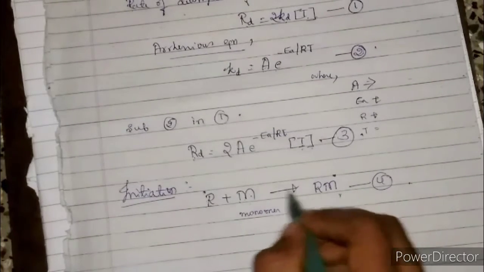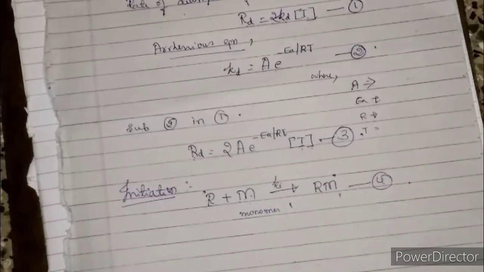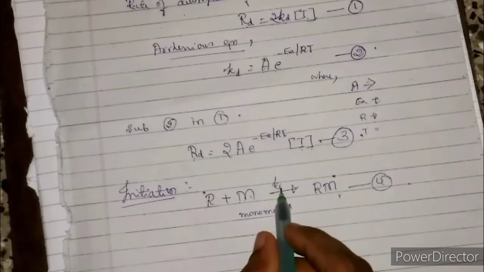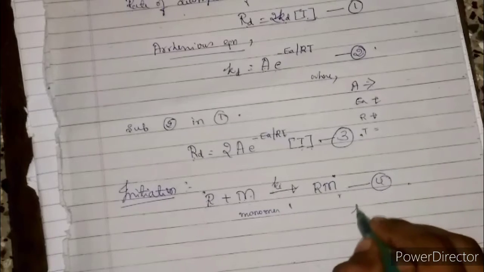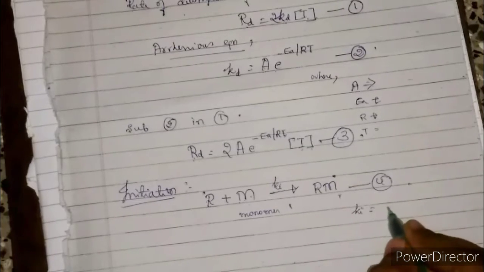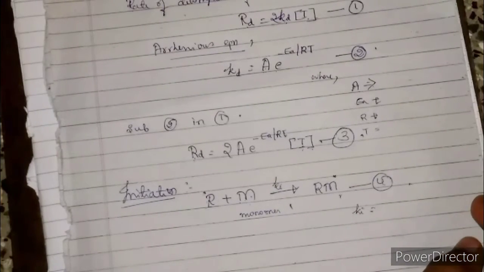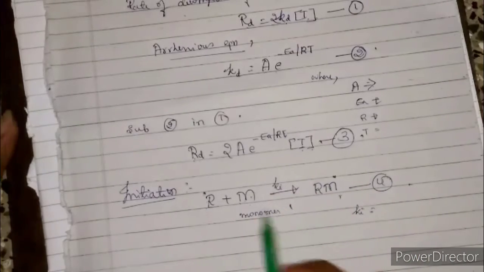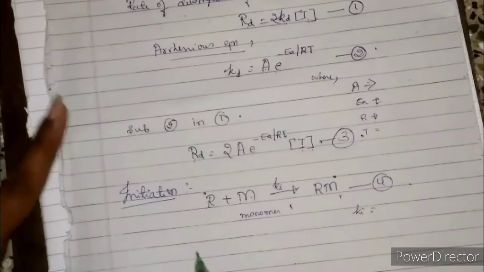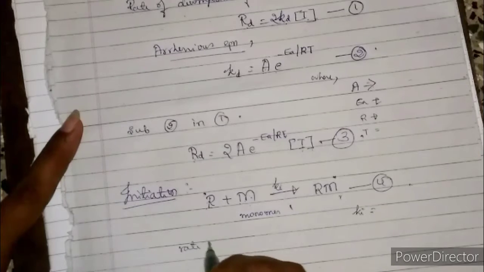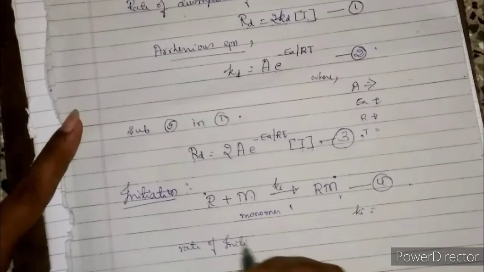Okay, so I write the rate for this as Ki. Okay, Ki is what? Rate constant for the initiation reaction. After writing the equation, what I told, you have to write the rate. Okay, the rate of what? Initiation. So rate of reaction is given by what?